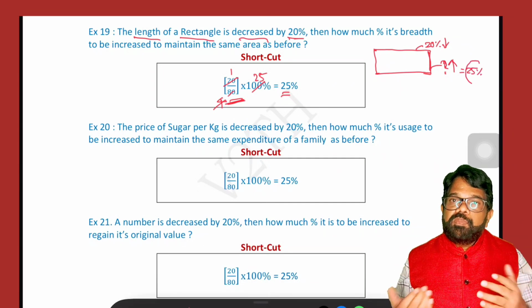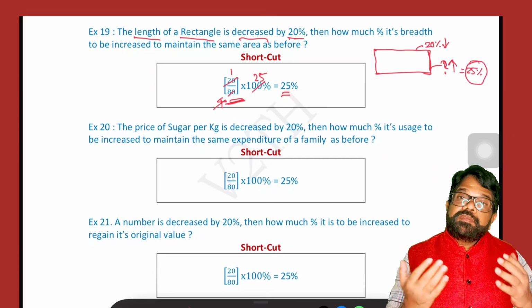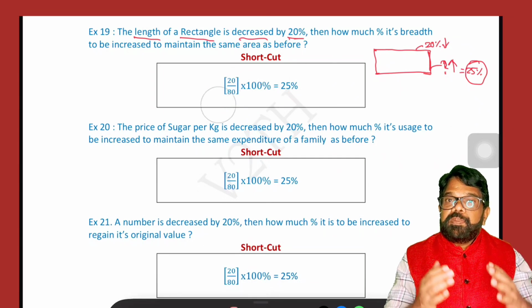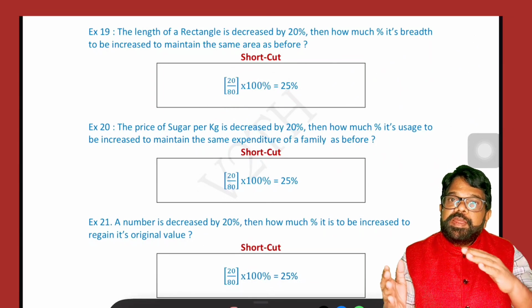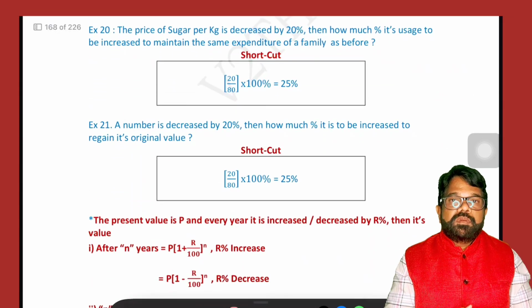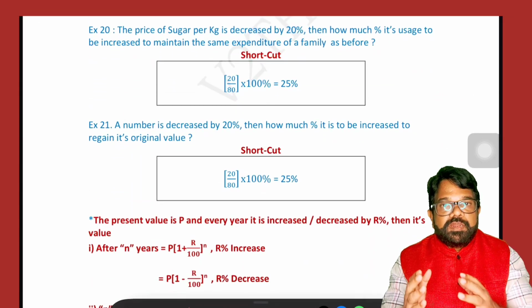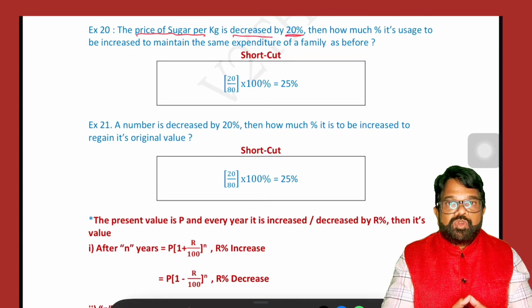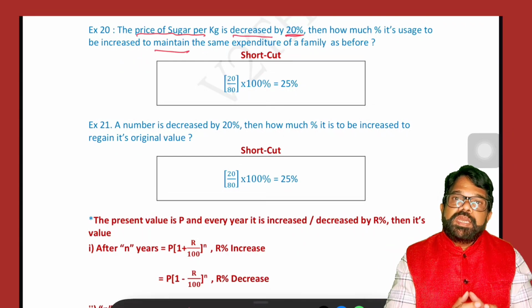Now see another example. The price of sugar is decreased by 20%. If the price decreases, automatically family expenditure also decreases. But to maintain the same expenditure, its usage has to be increased. So how much percent should its usage be increased?